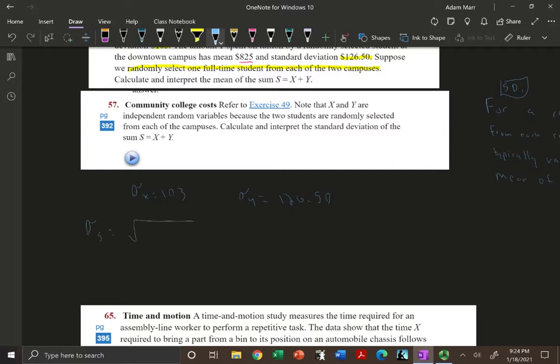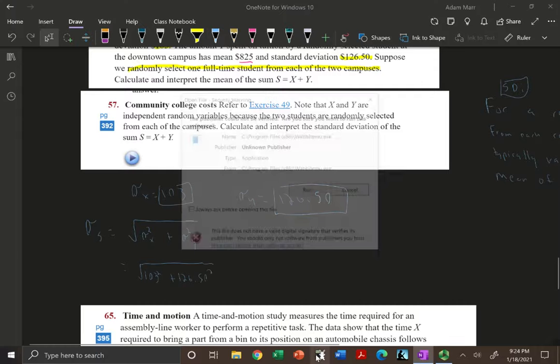It's always just going to be the first standard deviation squared plus the second standard deviation squared, and you take the square root of that sum. So in that case, it's going to be the square root of 103 squared plus 126.50 squared, and then we square root it.